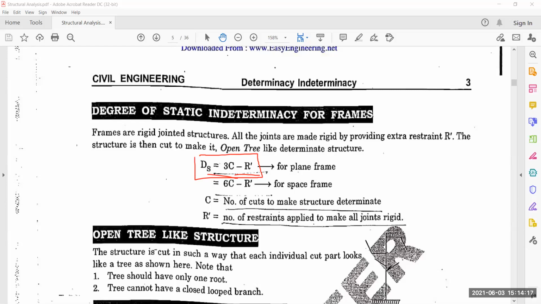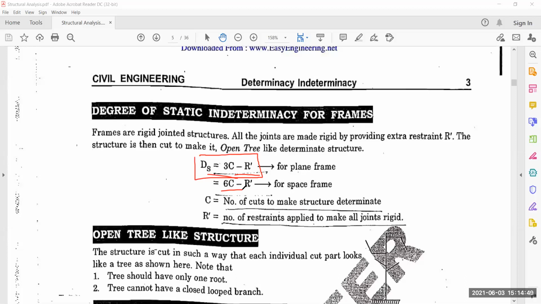So I think I have discussed all the things: static indeterminacy for frame, how we find it. Umang has said all things right. First of all, we see our frame, and then the external supports. If external supports are fixed, then no problem. If they are hinge or roller or any other type, then we fix them.